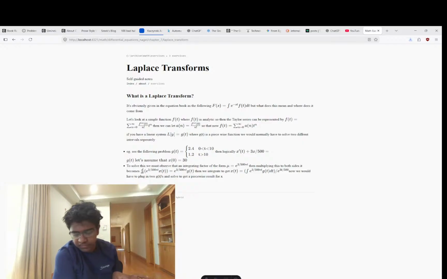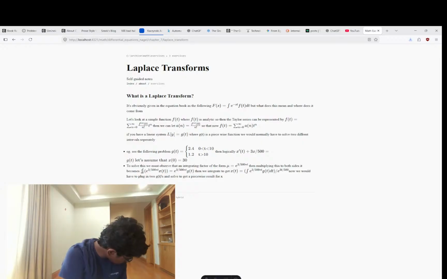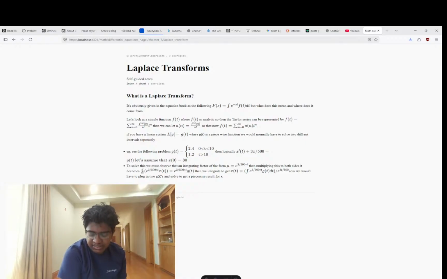Now we need to move from this to the form that we have in the Laplace transform. So a convenient way to do this would be to let s equal negative ln of t. Wait, no, sorry, that's not right.